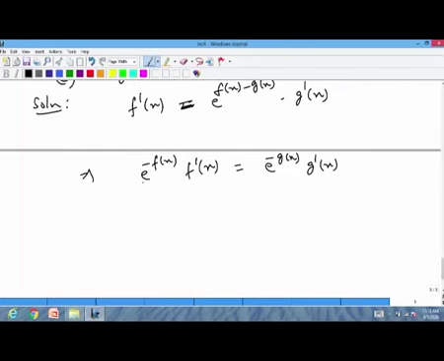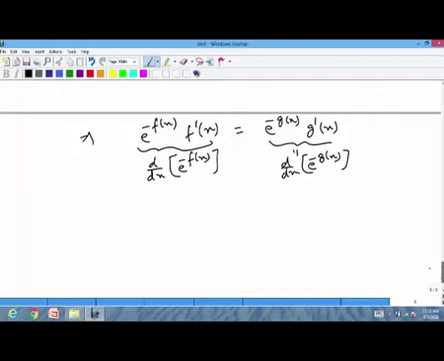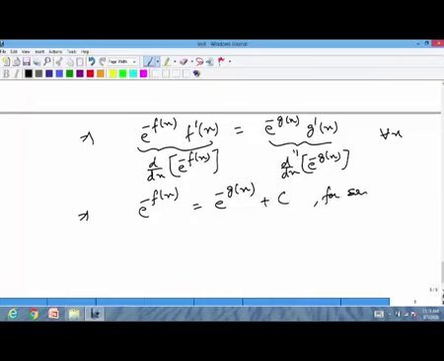But here this is nothing but derivative of e to the power minus f x, and this is derivative of e to the minus g x. So, what we have is derivative of this is equal to derivative of this for all x. This implies e to the minus f x is equal to e to the minus g x plus some constant c.